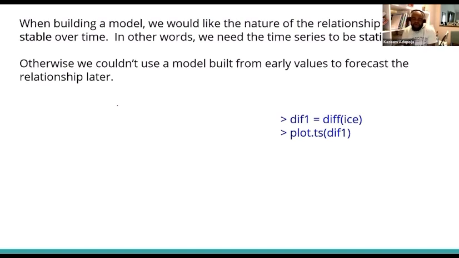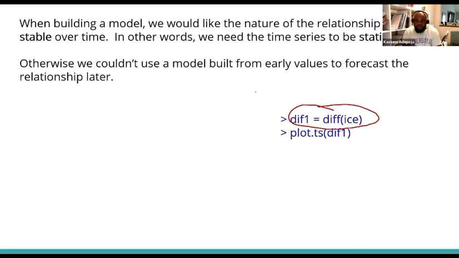Because that was a problem that we saw, we need to first fix it before we can fit our time series models. Otherwise, it's going to be an exercise in futility. So we're going to difference. If you take a look at what I have here, this is differencing at lag one.